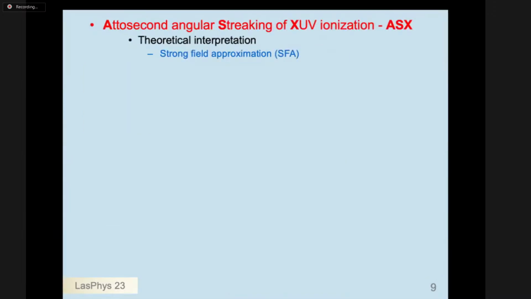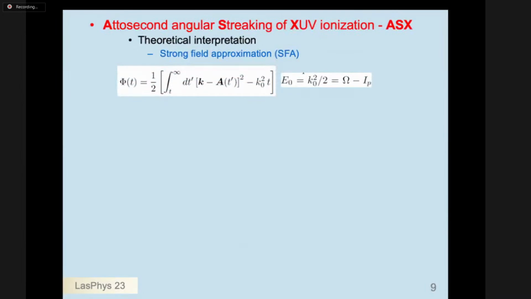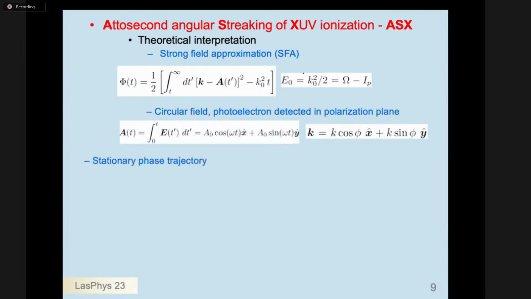How do we understand the theoretical interpretation of this attosecond angular streaking with XUV ionization? I call this ASX. Briefly, it's easy to remember because ASX also stands for Australian Stock Exchange. Now, we also recall the principle of the stationary phase. In the strong field approximation, this phase contains only the photoelectron momentum and the vector potential. And for a particular geometry of the circular field and photoelectron detected in the polarization plane, this stationary phase trajectory is very simple.